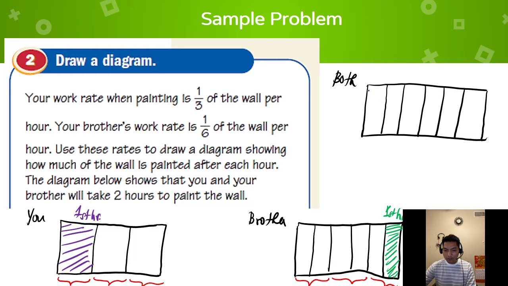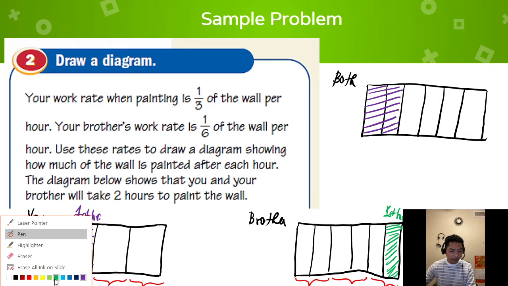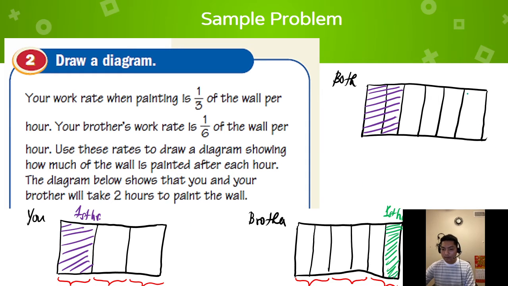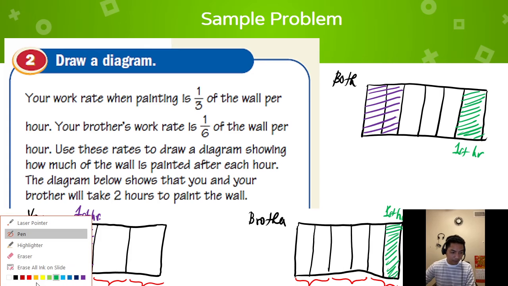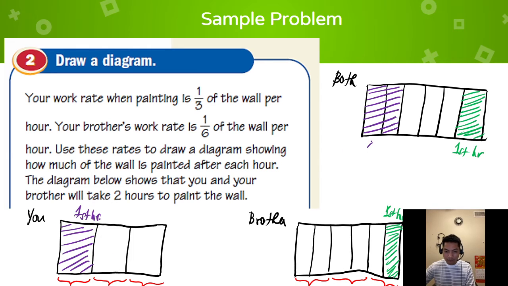You can do this on your first hour because you are the faster painter, who can finish the wall in 3 hours. But if you're working together, the first hour of your brother is then on this side. So this is the first hour of your brother, but for you, here is your first hour.